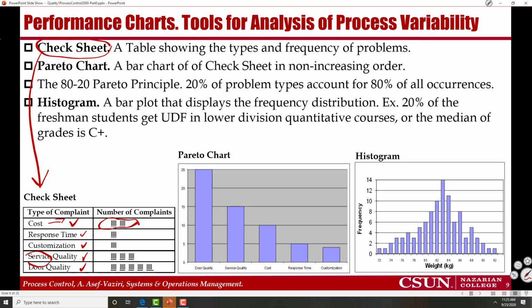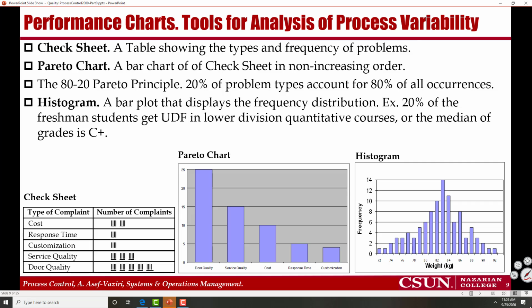And because these graphs were prepared for a garage door, how many complaints or observations we had regarding the quality of the product. This is just a table which will list the problems and record their frequencies.